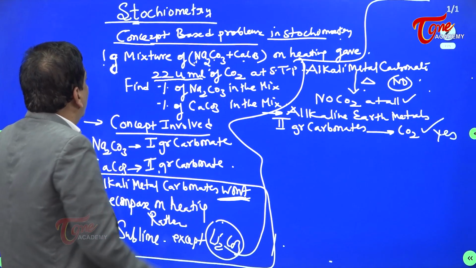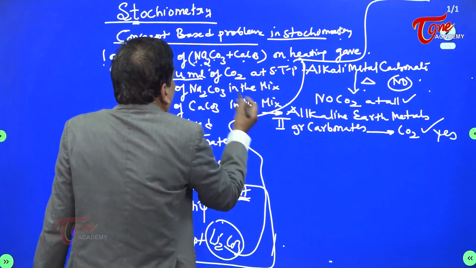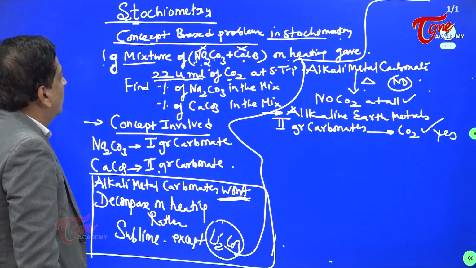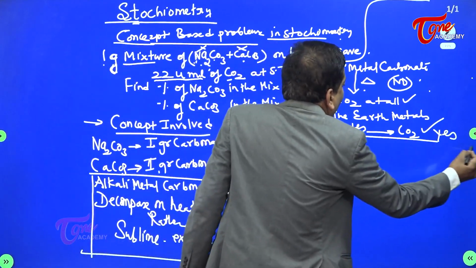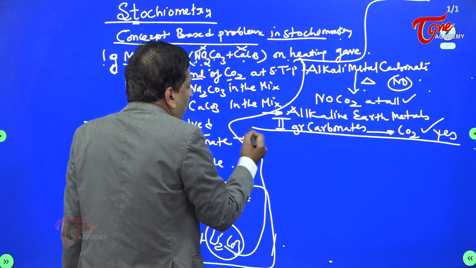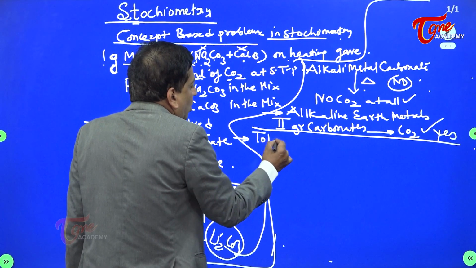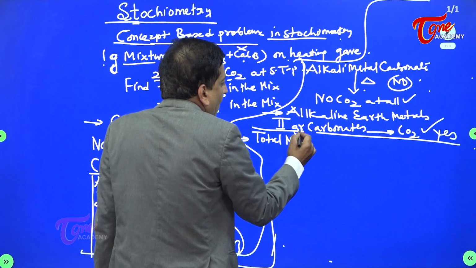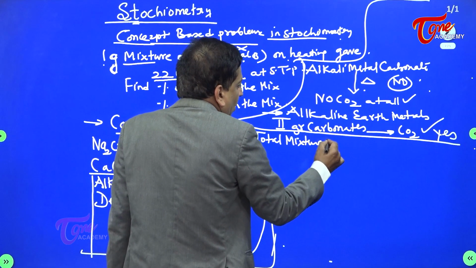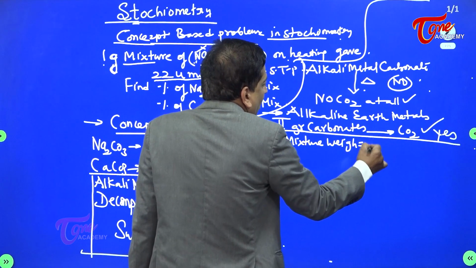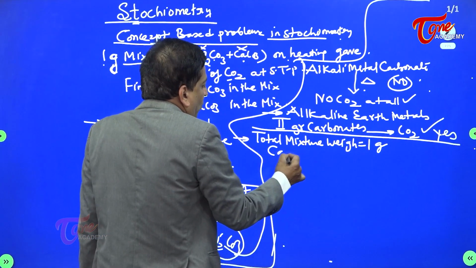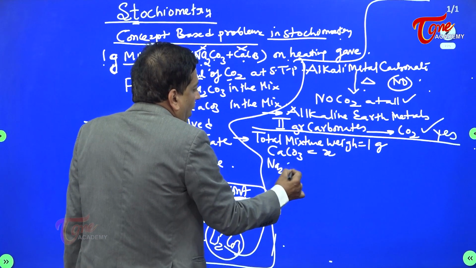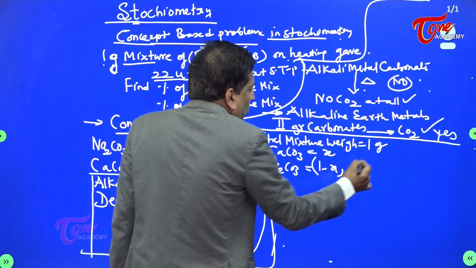So now look into the problem. He says 1 gram mixture of this and this on heating gave carbon dioxide. That means this is the culprit and this is not. So what we do in the problem is, the total mixture weight is 1 gram, out of which let the CaCO3 be X. Then sodium carbonate will be 1 minus X because the total is 1.